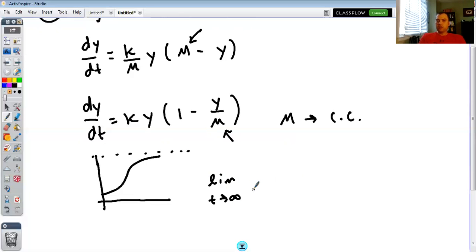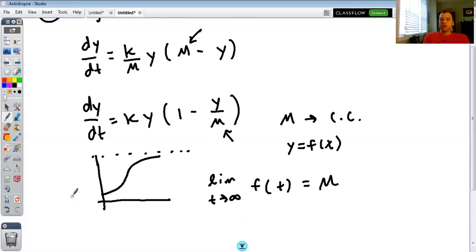So the first thing, let's say the solution is y equals f of x, right? Or not f of x here, let's call this f of t, since I'm putting an application spin on it. What is the limit as time goes to infinity of f of t, the solution? Well, that's going to be the carrying capacity.